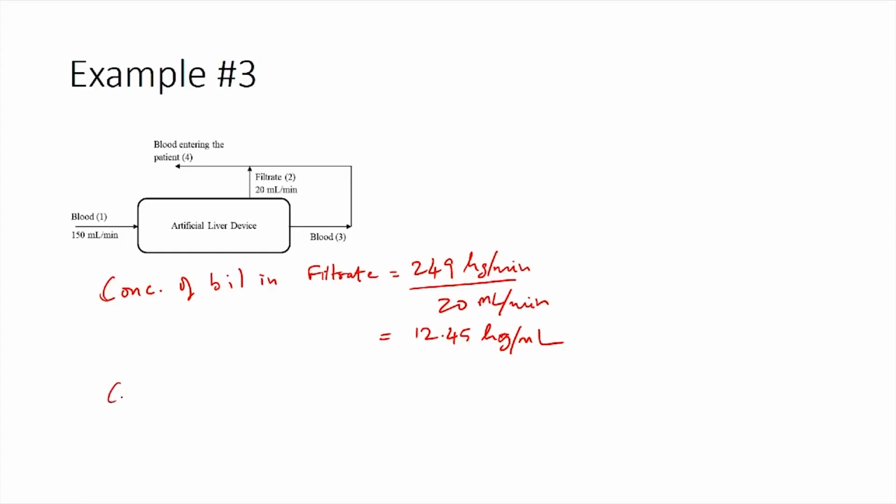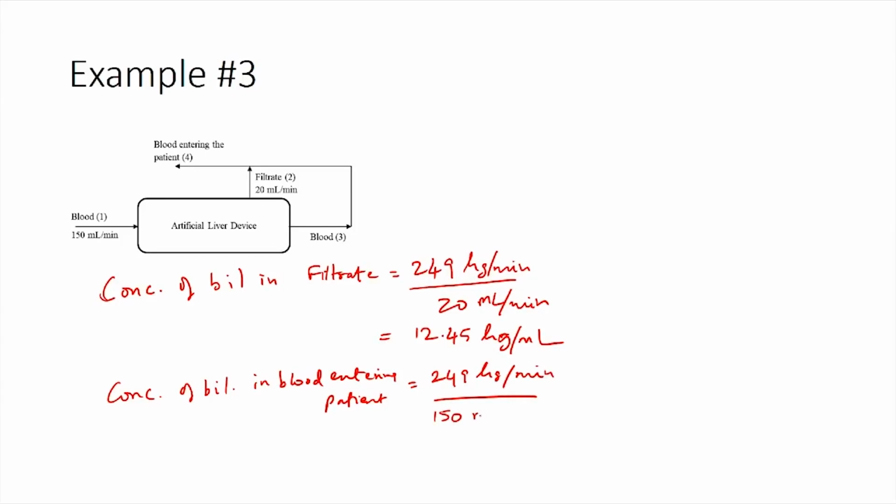The concentration of bilirubin in blood entering the patient would be the same amount, 249 micrograms per minute divided by 150 ml per minute, giving you a concentration of 1.66 micrograms per ml.